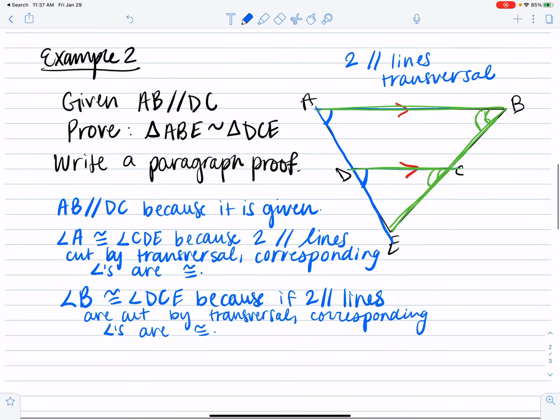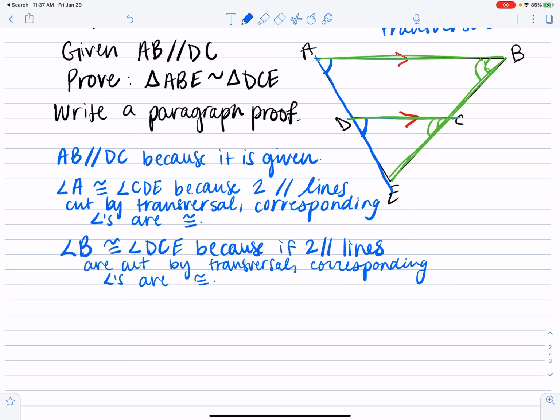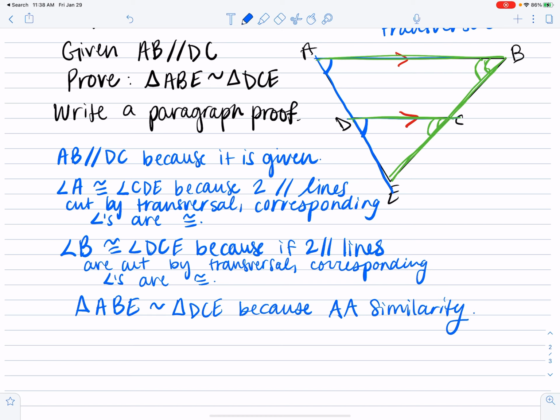Okay, now we have congruent angles twice, so we can jump to that final answer, that triangle ABE, the big triangle, is similar to triangle DCE, the smaller triangle, because of angle-angle similarity. All right, and in your homework you might be asked to use the other theorems that we didn't use today.